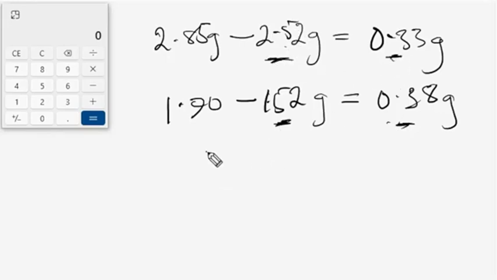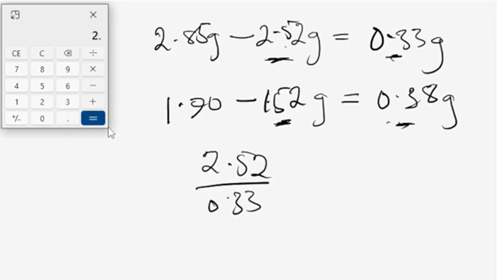Over here, if we take the ratio of the copper to the oxide in the first one, we'll have 2.52 grams of copper over 0.33 grams of the oxide. So that's 2.52 over 0.33, which is 7.6, approximately 8.